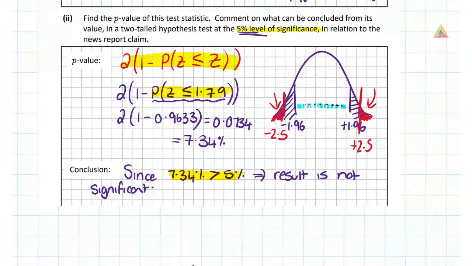So this is not a significant result because it's bigger than 5%. And it's because it's bigger than 5% that we still accept what the newspaper is saying.